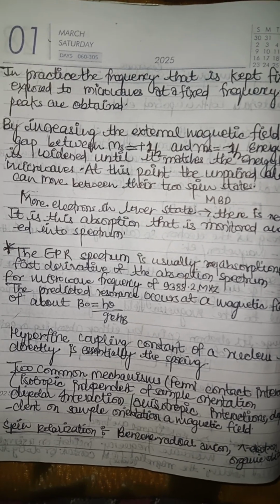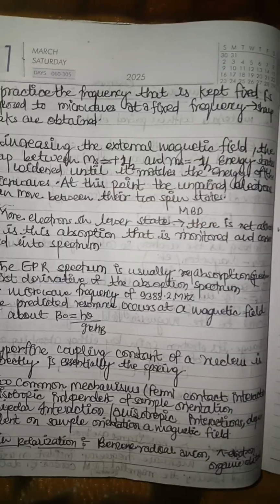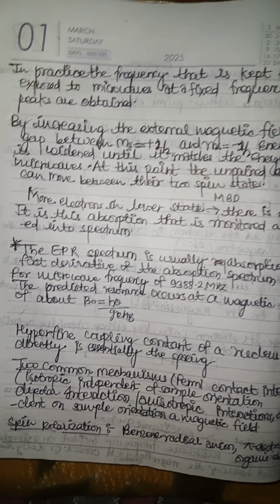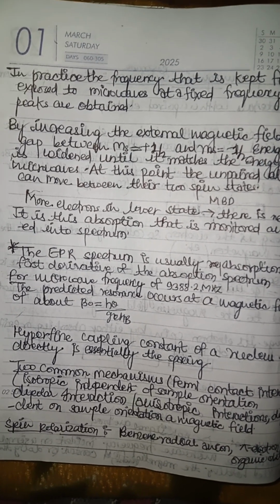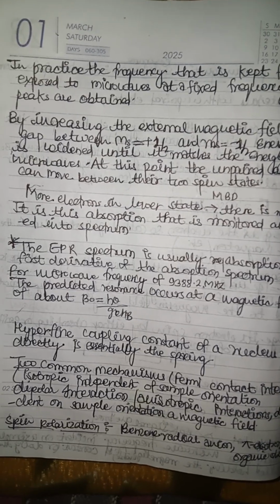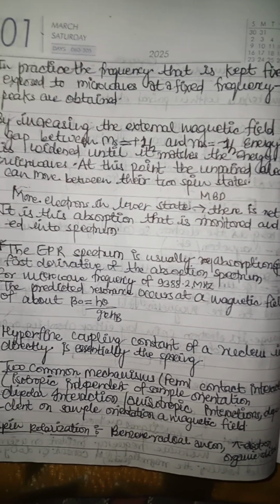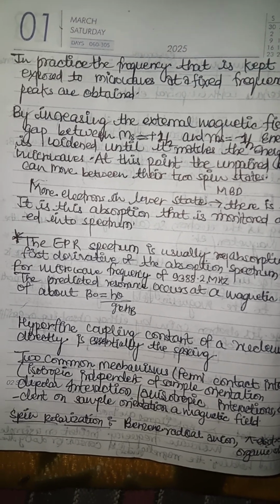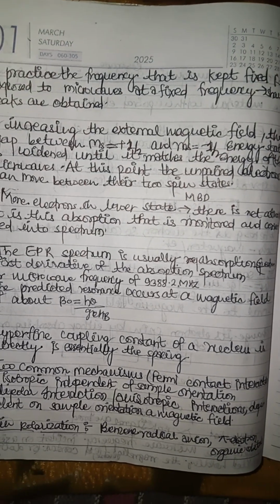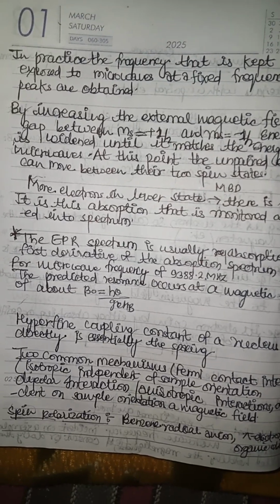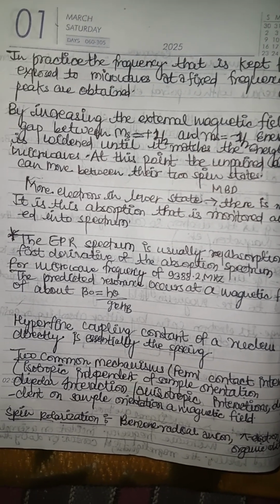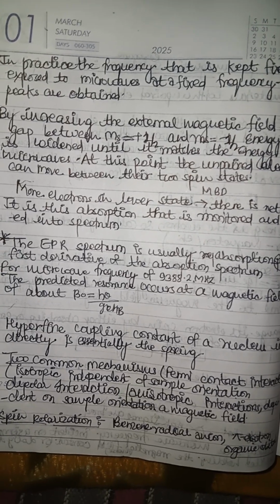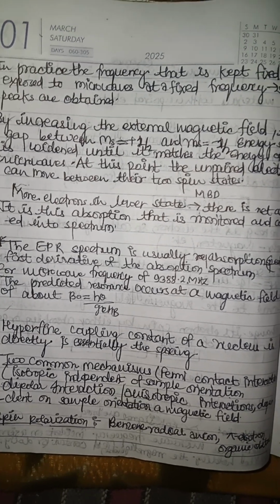For a microwave frequency of 9.32 GHz, the predicted resonance occurs at a magnetic field B equal to B naught equal to h nu upon g mu b. The hyperfine coupling constant of a nucleus is essentially the spacing between lines. Two mechanisms: Fermi contact interaction, isotropic, independent of the orientation; and dipole interaction, anisotropic, dependent on sample orientation and magnetic field.